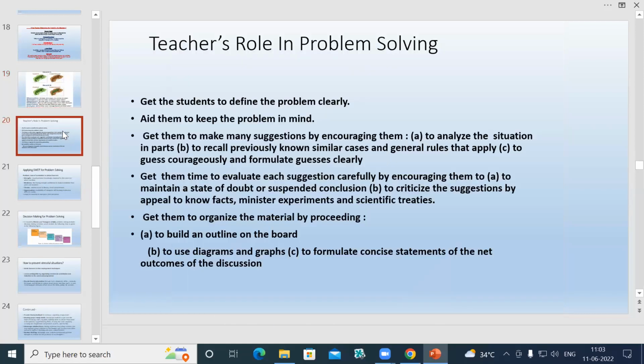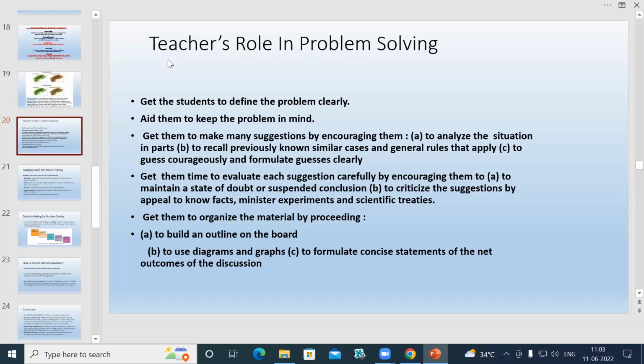Now next slide please. So now the point is, what is the teacher's role in this problem solving? First, to get the students to define the problem in a very clear manner, then aid them to keep the problem in mind and give them suggestions, encouraging them that they can analyze the situation in parts and they can recall previously known similar cases.